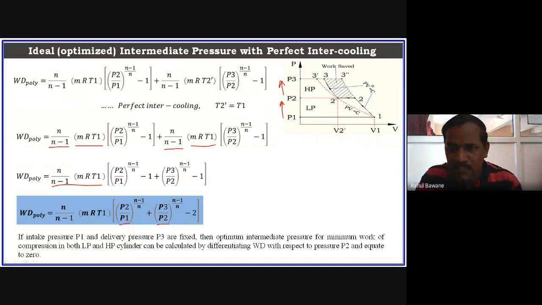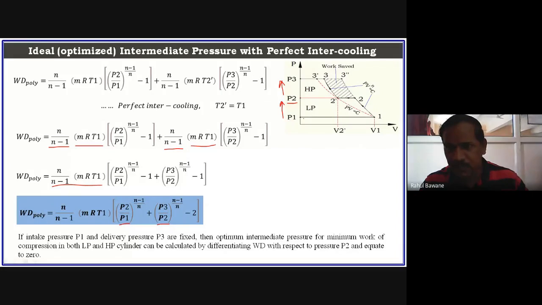Then in the first stage, P1 to P2, I have to provide a lot of work, and P2 to P3 is a very small pressure rise, so I supply small work. So how to optimize it? Our P2 pressure should be at the level where we supply minimum total work across both stages. That is called the optimum intermediate pressure.